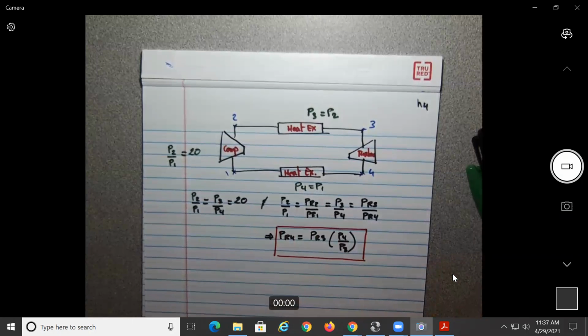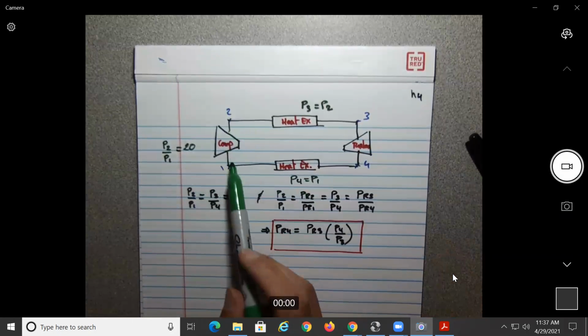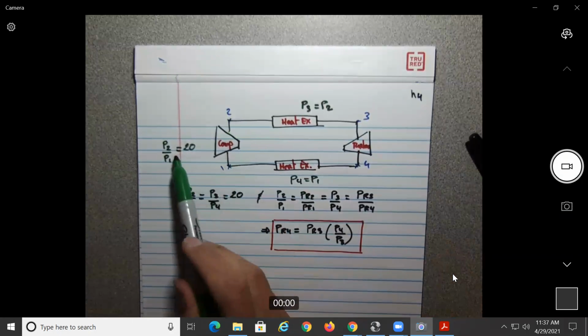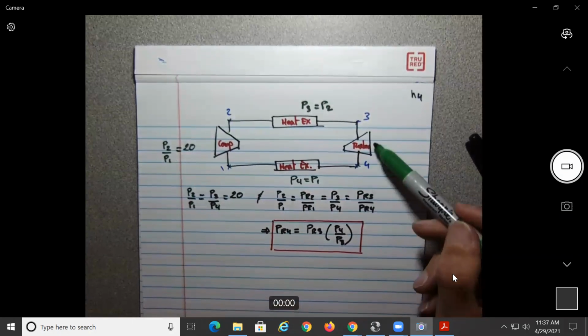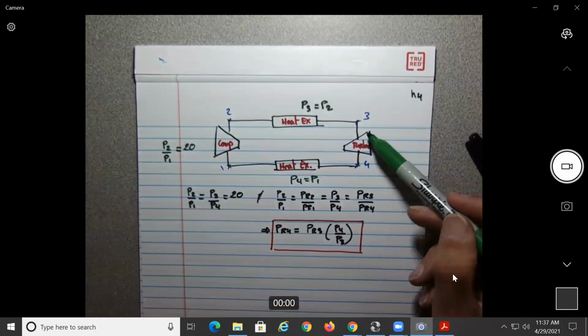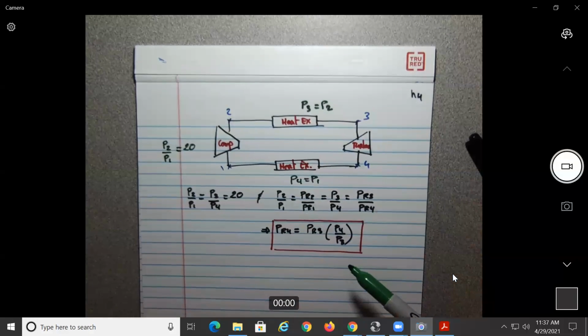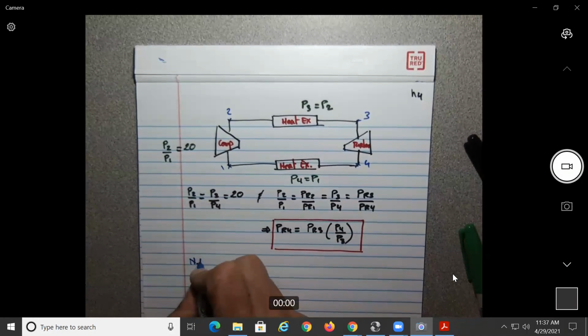So basically, make it complicated to make it easy. If you compress here P2 20 times P1, what's going to happen over here? The pressure at P3 is 20 times the pressure at P4, no? So here there is an expansion throughout the turbine. So we do the numerical application over here.